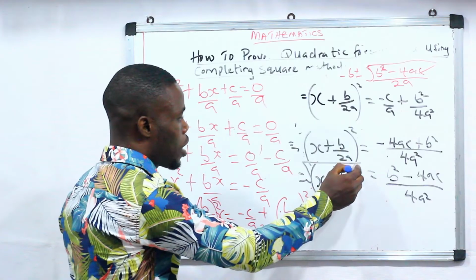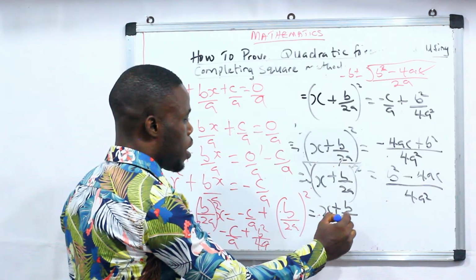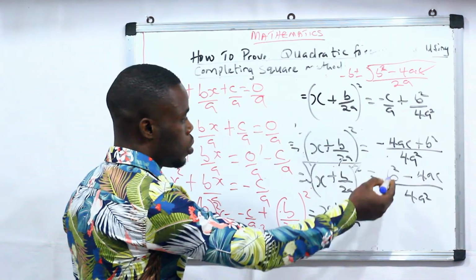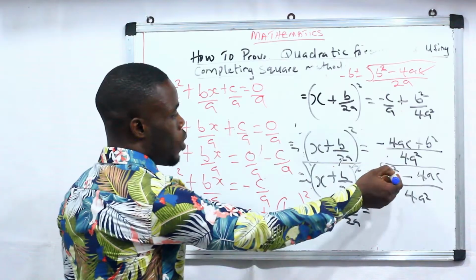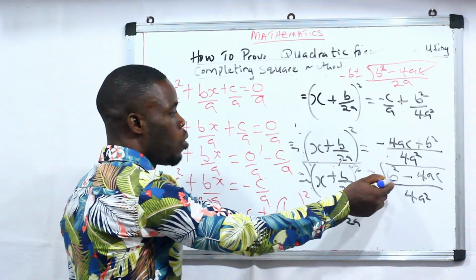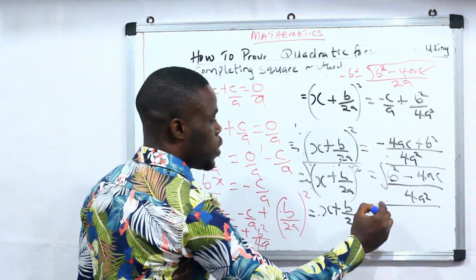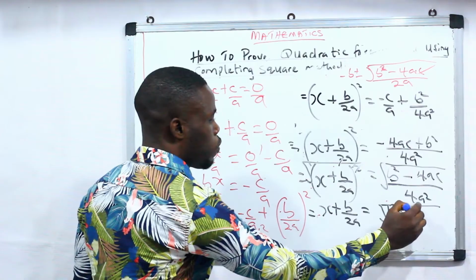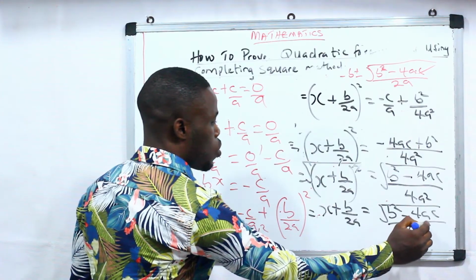So this can cancel this, which gives x plus b over 2a equals, then we also have to square root this as well. We cannot cancel this because this square is standing for only b. It's not standing for the general purpose. So therefore, we are going to repeat this, which is b square minus 4ac over 4a square.